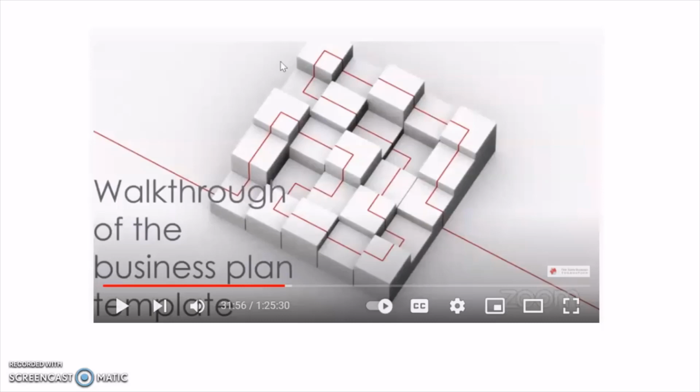Otherwise, you may not get the whole picture correctly. Of course, some persons may, but I believe this is the right path to follow. It is hard, it is difficult, but let's do it. And in the next one, I'm going to do a whole analysis of the business plan. So let's go.